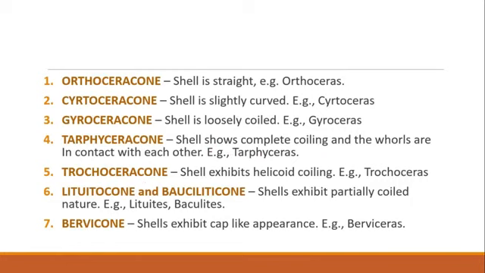Trochoceracone, shell exhibits helicoid coiling, an example is Trochoceras. The Lituticone and Baculiticone exhibit partially coiled nature, and examples are Lituites and Baculites. Burwick-Cones exhibit a cap-like appearance, and the example is Burwiceras. With this, we have done the shell forms.